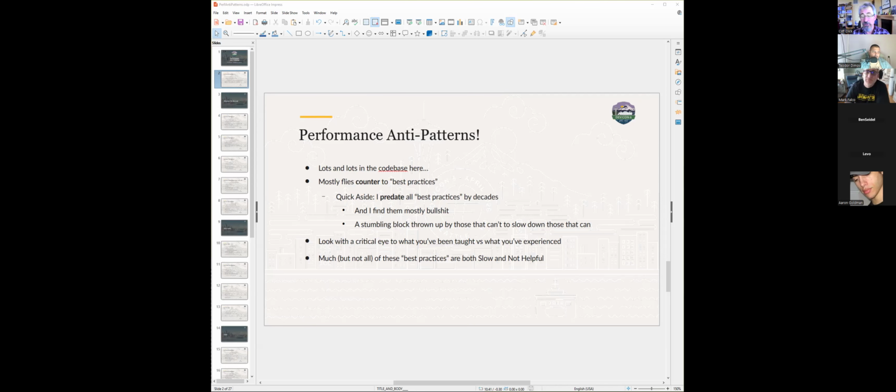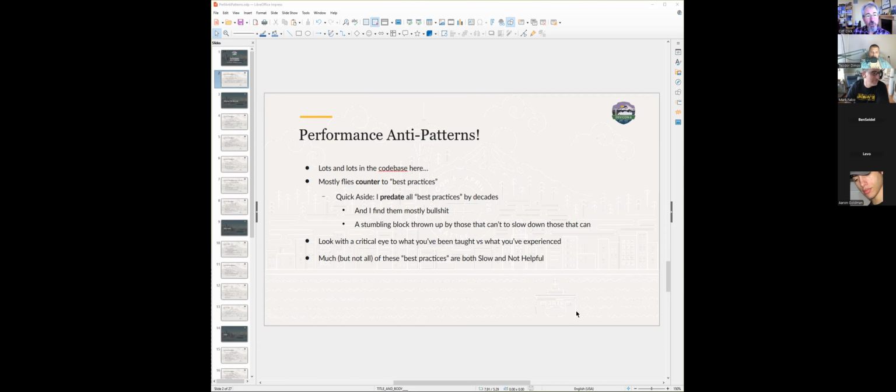I have been coding furiously long before anyone ever came up with best practices, and I mostly find them bullshit. A stumbling block thrown up by those who can't to slow down those that can. I think that's very pessimistic, very sour, but that's how it comes across to me all the time. I look at these people who say, do this, do that, and invariably it's just like, you are just wasting your time and mine. What the hell are you doing here?